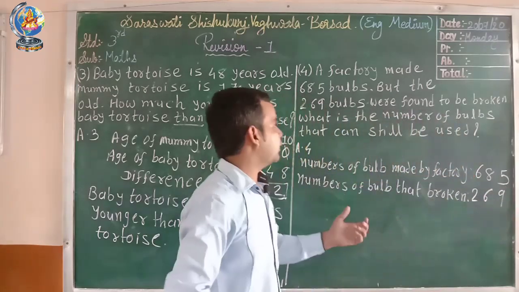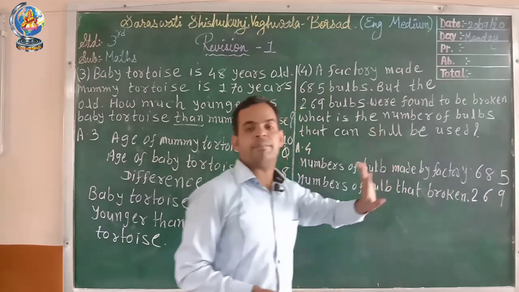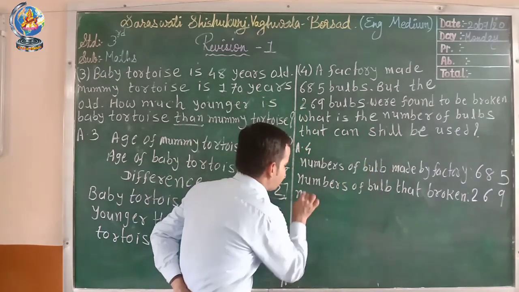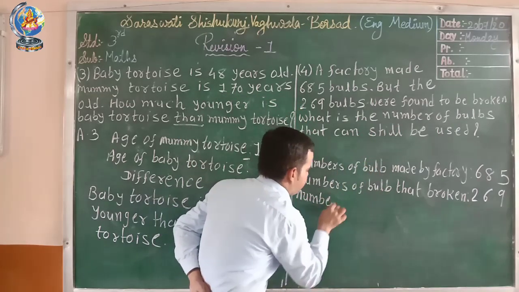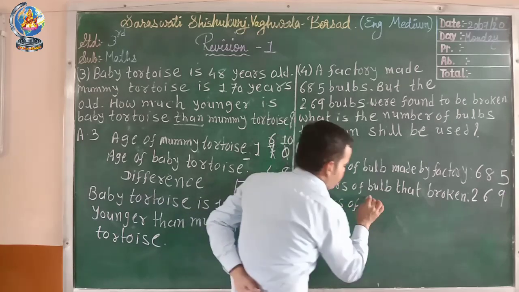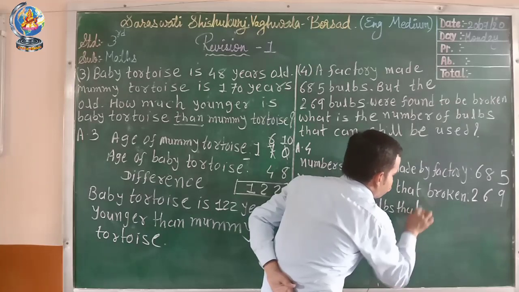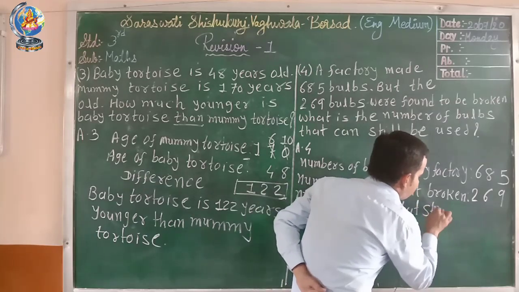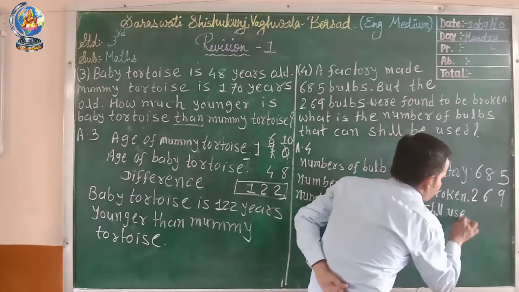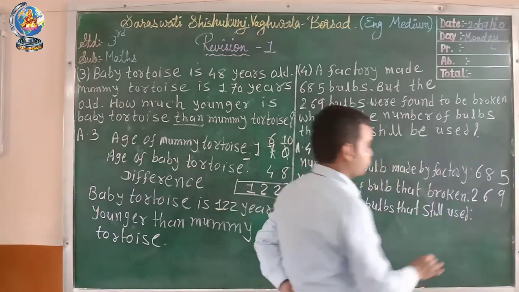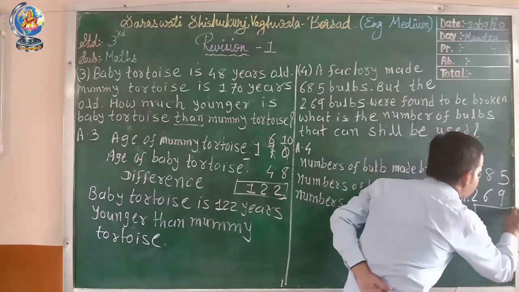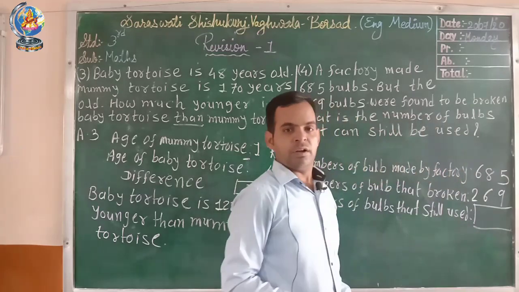Now we have to find the number of bulbs that can be used. So here we can write number of bulbs that can still be used. Here we have to do subtraction of both numbers.